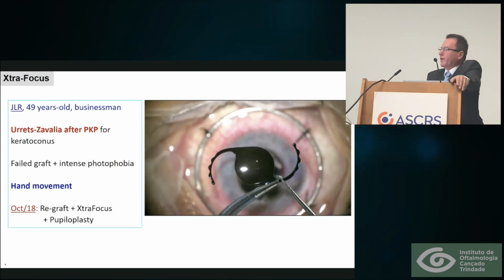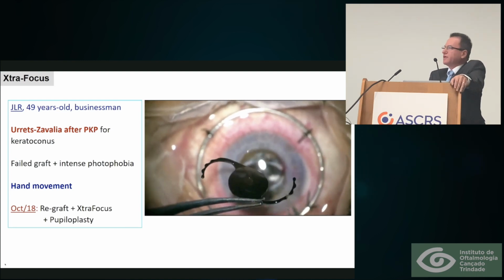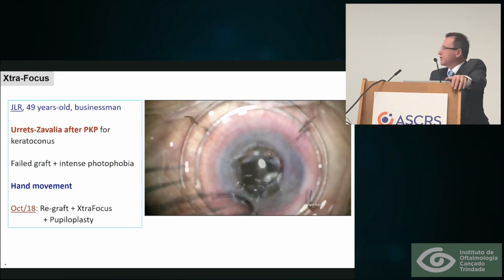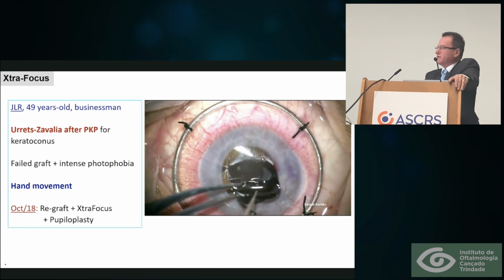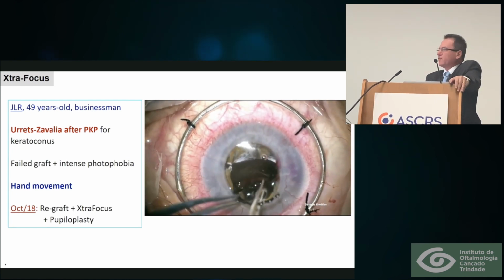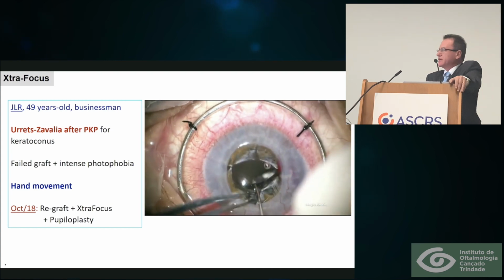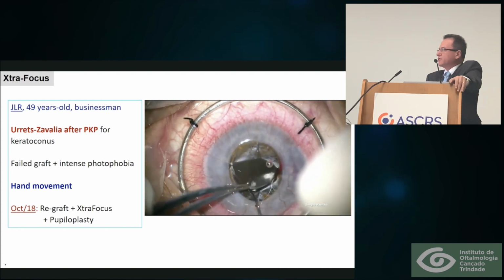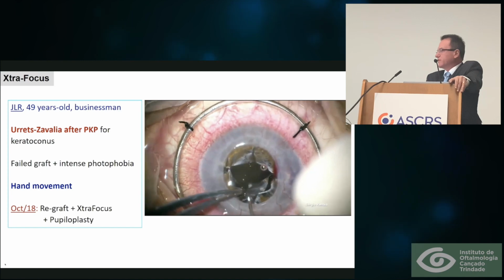This is another patient of mine who also had iris damage after PKP for keratoconus, a young patient, 49 years old, a businessman, who had a failed graft and intense photophobia due to the mydriasis. So I regrafted him with a PKP.